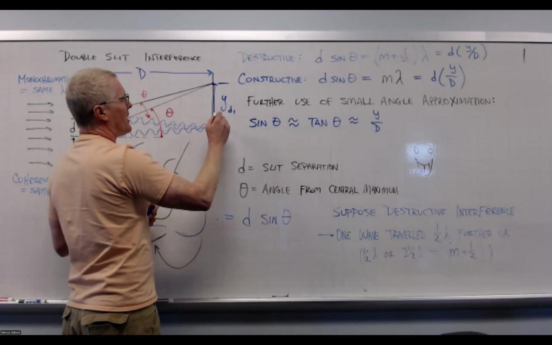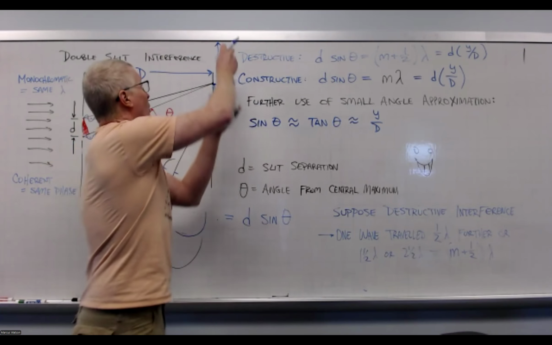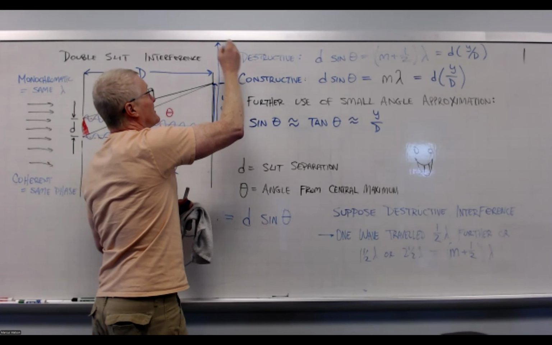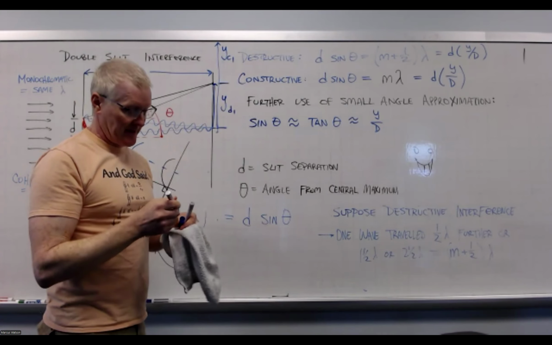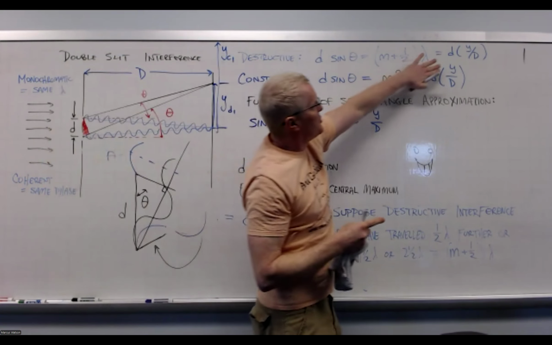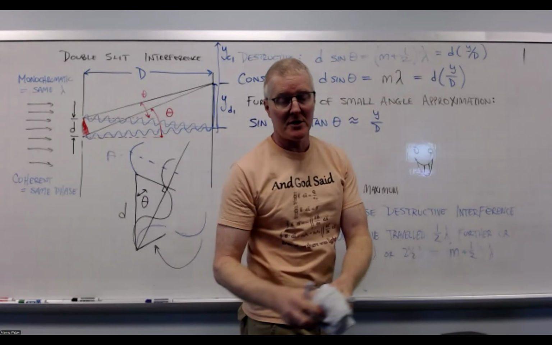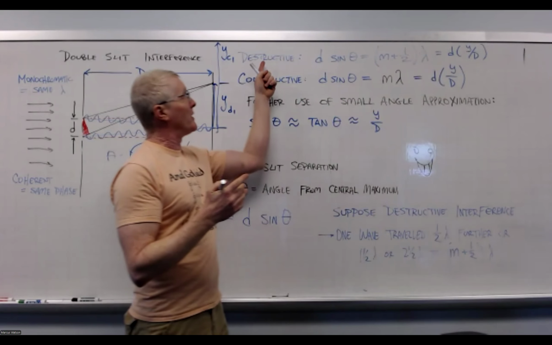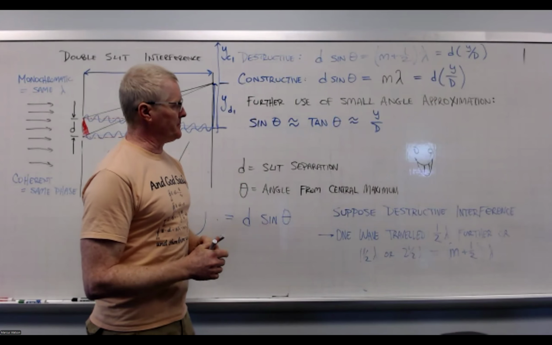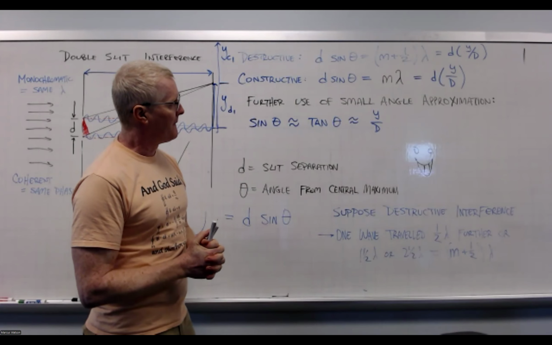And if I went all the way up to up here, this is the y of constructive number 1, or something like that. You can see that this y is much bigger than this y, and so these two y's are going to be different. You have to choose the different points on the screen that coincide with what type of interference you're going to talk about, or what type you think is happening there.